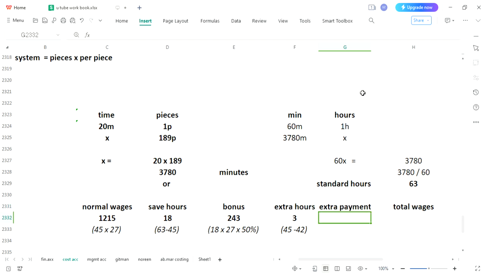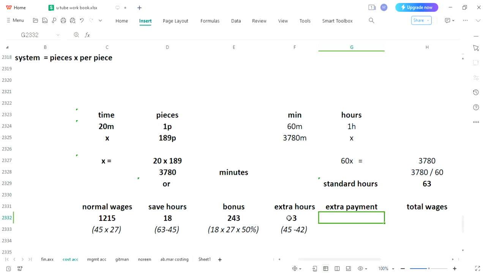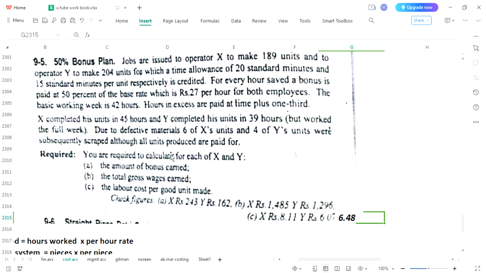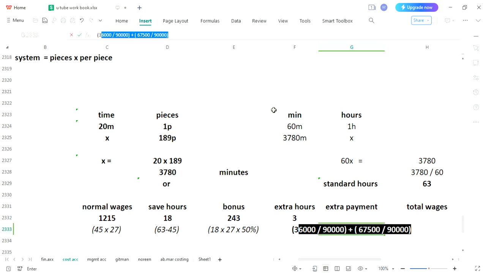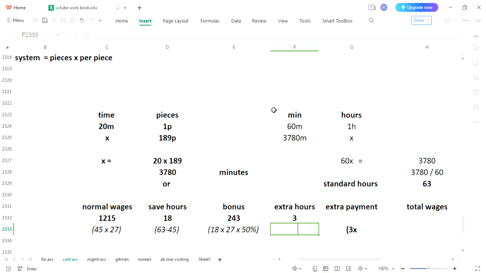And how would you calculate this extra payment? For that, you will have to understand he had worked 3 extra hours. And here it has been explained, hours in excess are paid at time plus 1/3. So how many extra hours did he work? 3. For every hour there is payment of 27, but we are going to pay only 1/3.